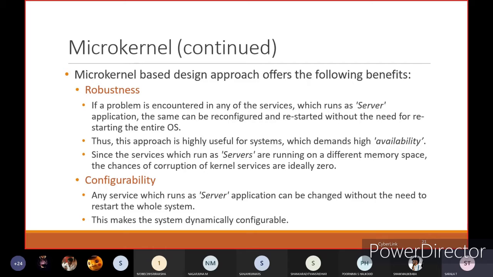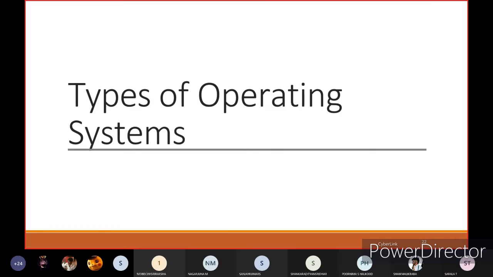Whatever changes we want to do in the server, we can do, with no need to restart the whole system. That's why, dynamically in between, if you want to make changes, you can do it.